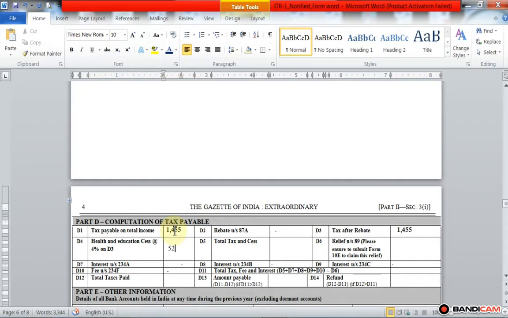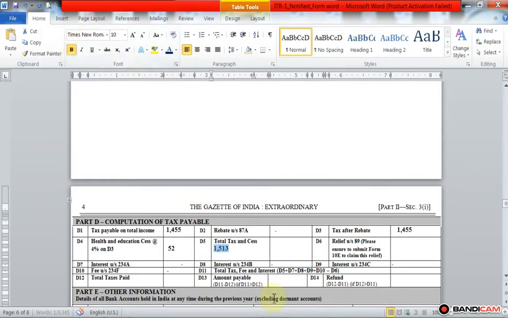Okay, so add this 52 in 1,455, we get a total tax and cess amounted to rupees 1,513. 1,513 is the total tax and cess.